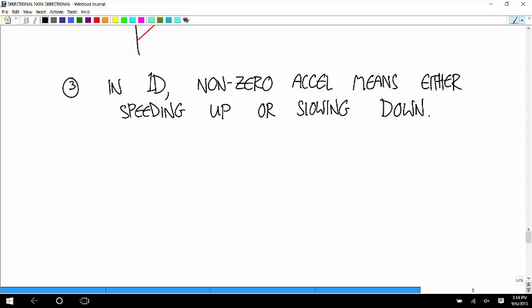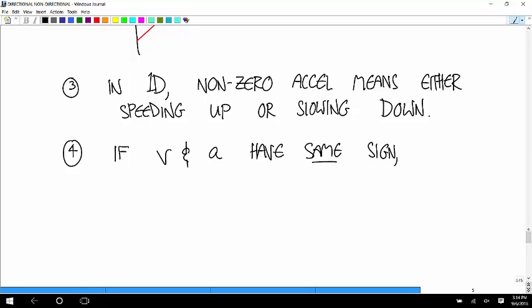So that's the next thing I'm going to say. How do you know whether an object is speeding up or slowing down and what direction it's going? Well, if the velocity and the acceleration have the same sign, the object is speeding up.